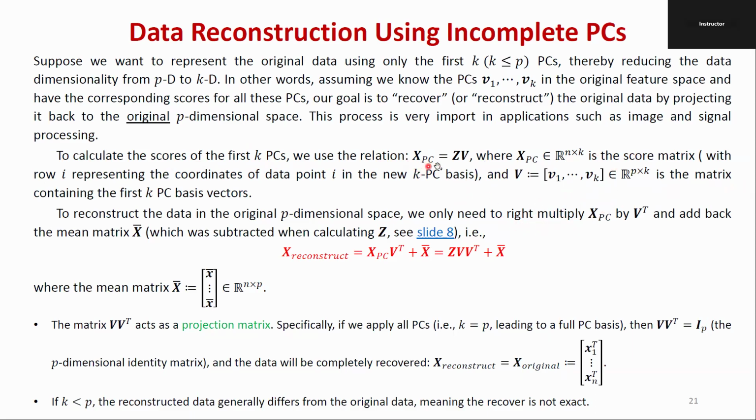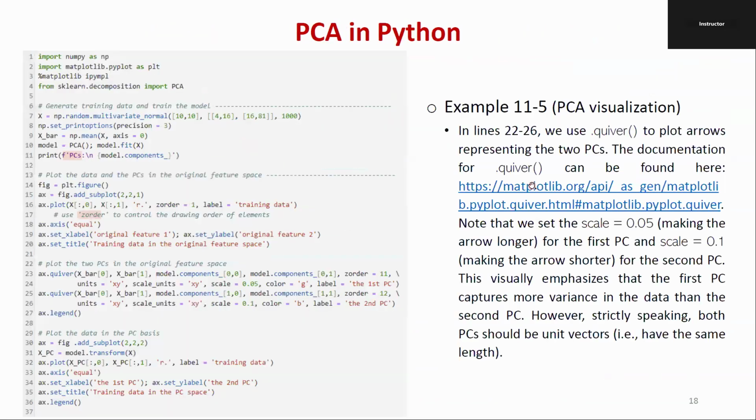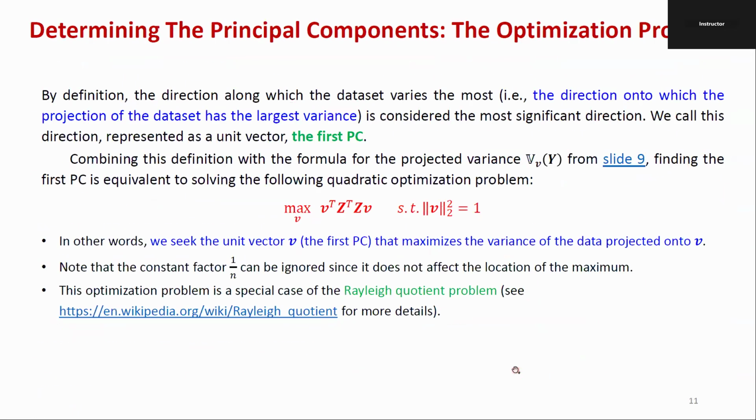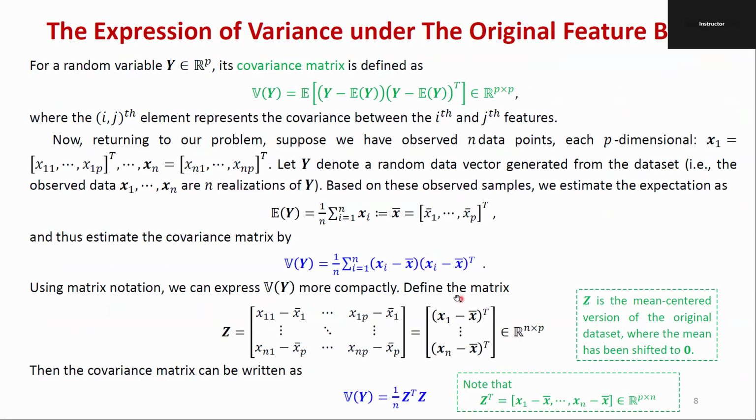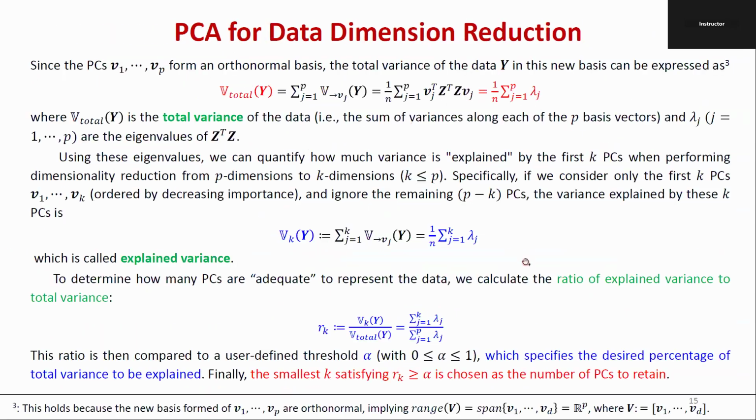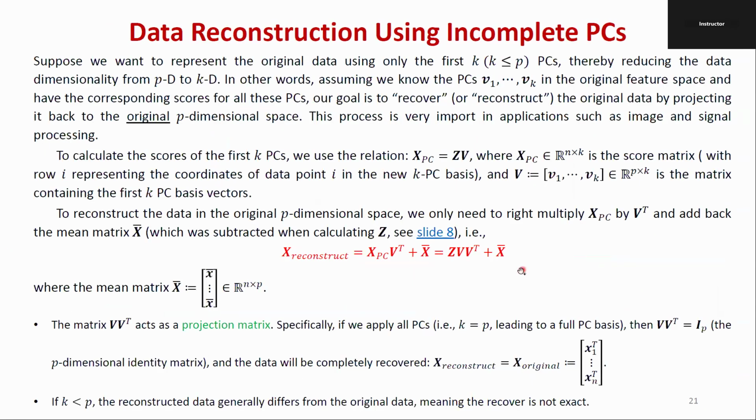What you need to do is simple: just reverse this process. First of all, don't forget this is with respect to Z, and Z is actually X minus X bar, which is right here. Z is this form, so in order to get to the original X, you need to add back X bar, which is right here.